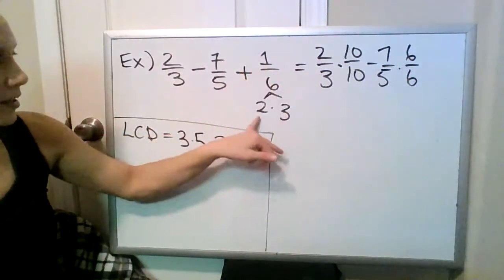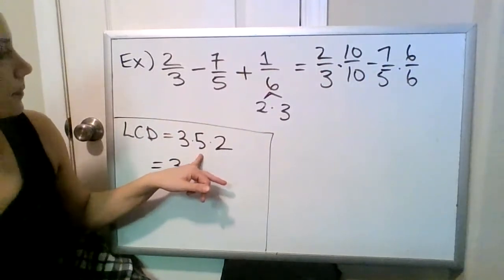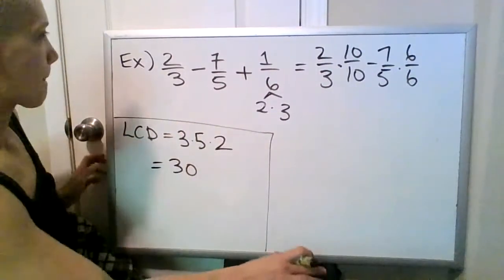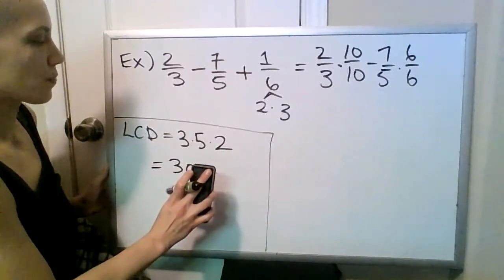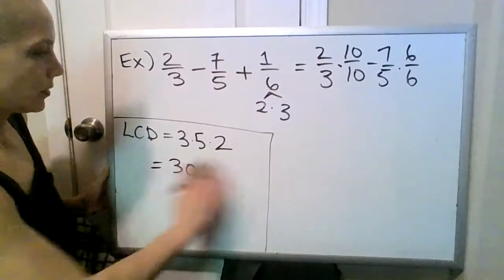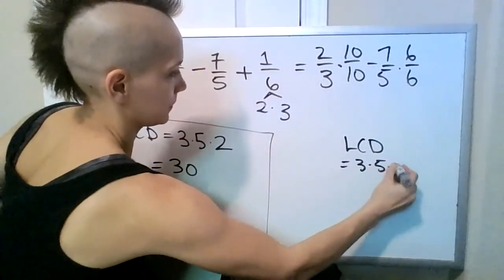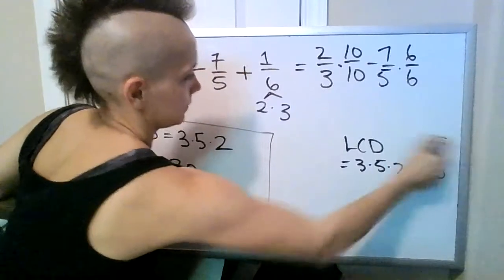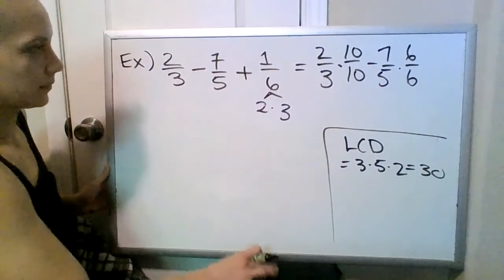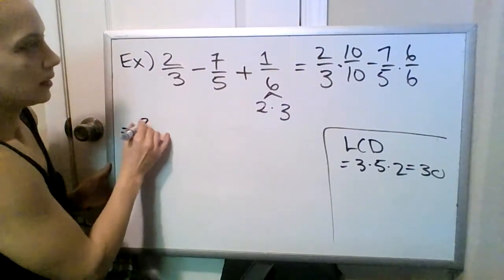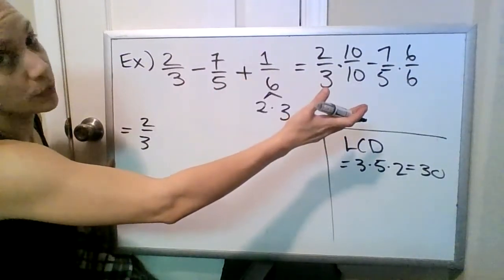For 1/6, you've got 2 and 3, but you need to multiply by 5 over 5. So this is just going to copy over here, running out of room on the whiteboard.